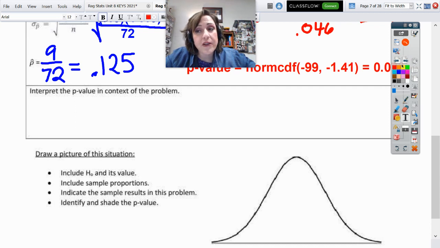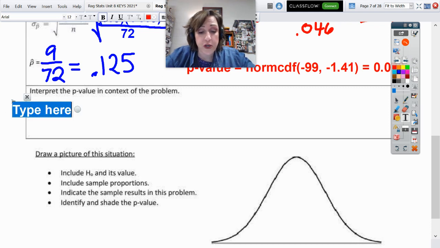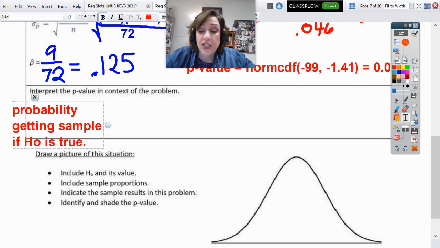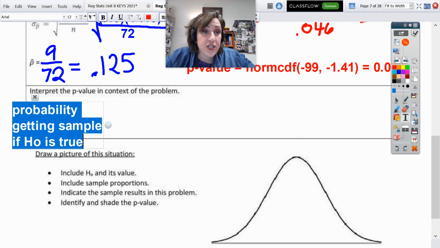I'm going to give you a couple little hints to go by. There are 3 things we're going to be looking for. First, the p-value is the probability of getting this sample or something more extreme if the null is true. You could think about those 3 things as we write this definition. Okay, so let's see here.